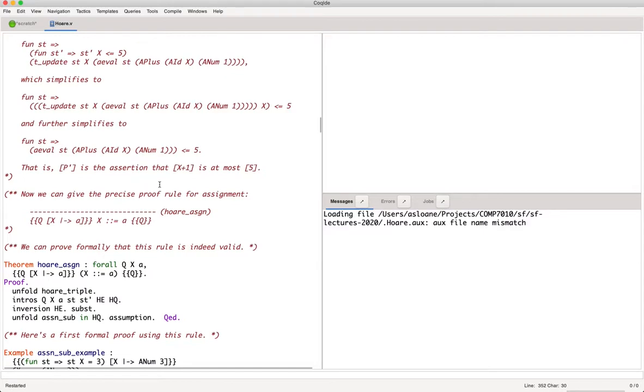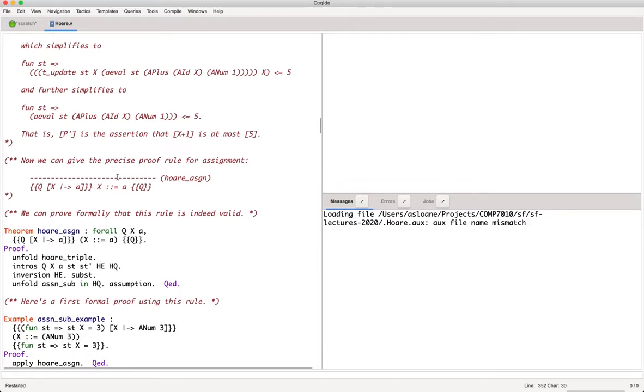So where's this leading? Well, that leads us to this proof rule, which is called Hoare assign. It's an axiom, an axiom schema, I guess. There are no assumptions. So if you have an assignment x becomes a, and you want to establish q, then the precondition is the substituted version.